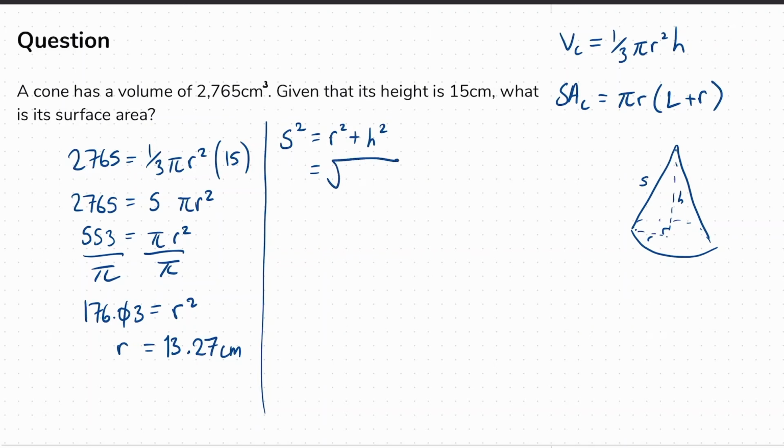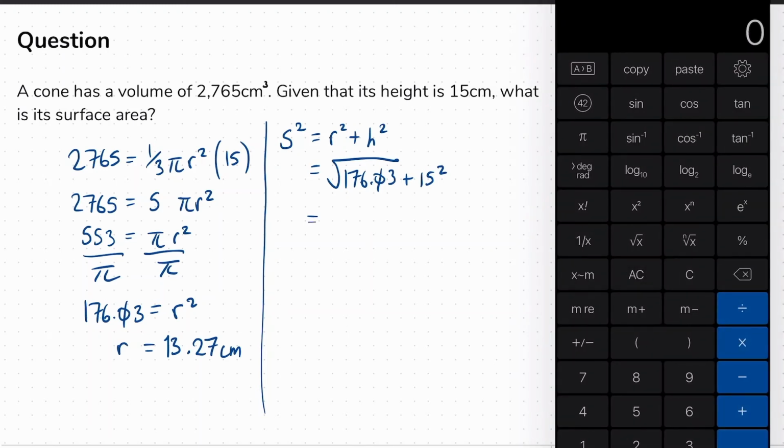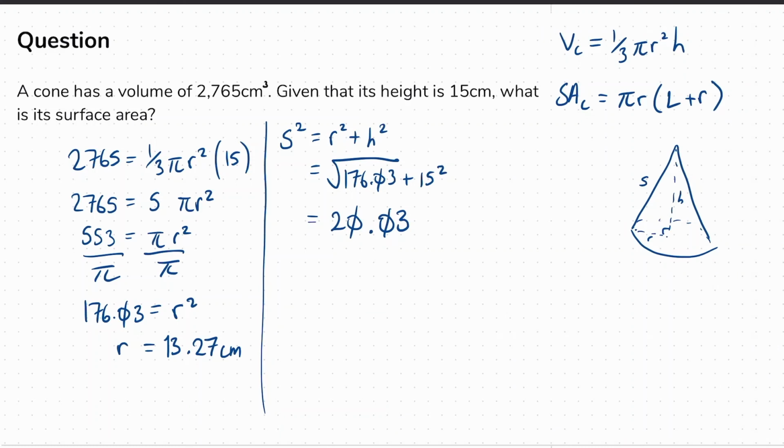So the square root, we've got it over there, 176.03, right? That's r squared, plus 15 squared is equal to 20.03, which again is an approximation, and we've been approximating a little bit, so expect that if you do this, perhaps your answer is going to be slightly different.